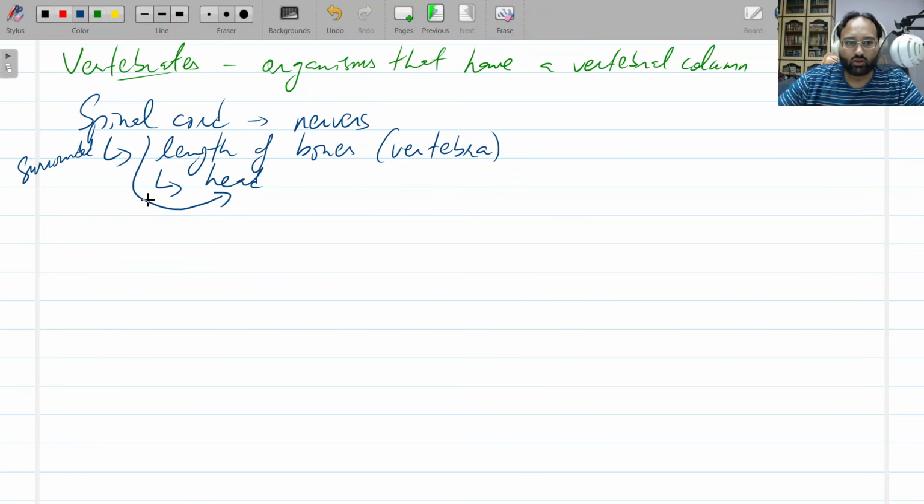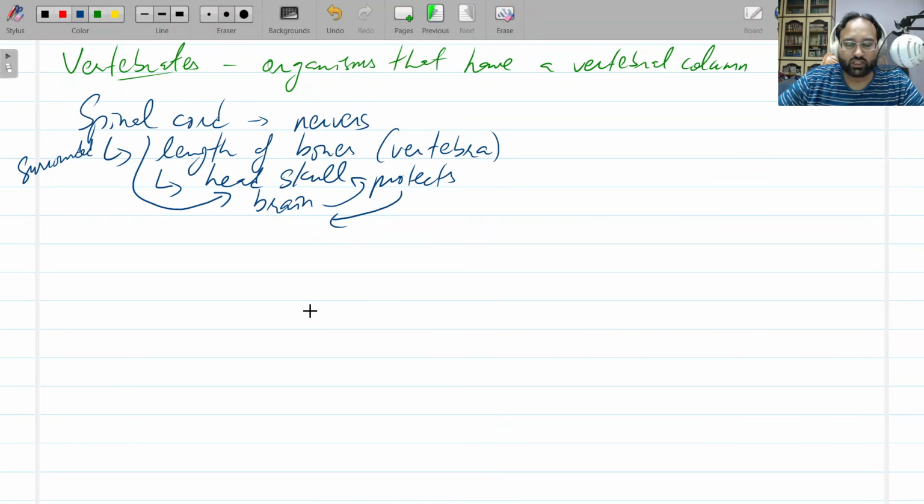Okay. So the spinal cord goes up to the head region and becomes the brain. And the bones, they go up to the head region and they become the skull. And we know that the brain is inside the skull, right? So the skull protects the brain.